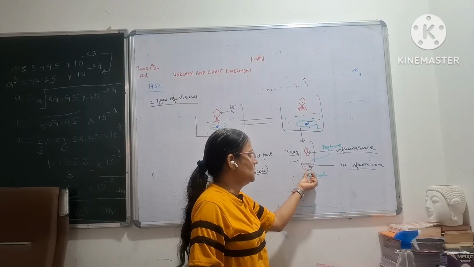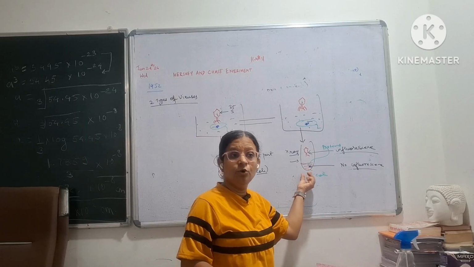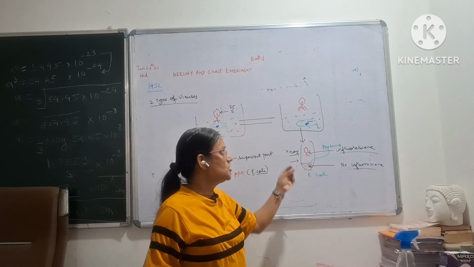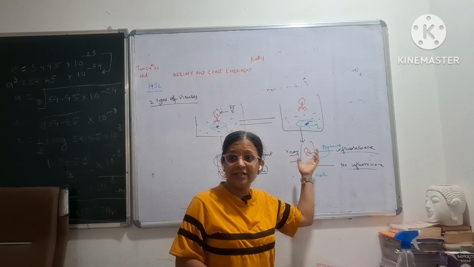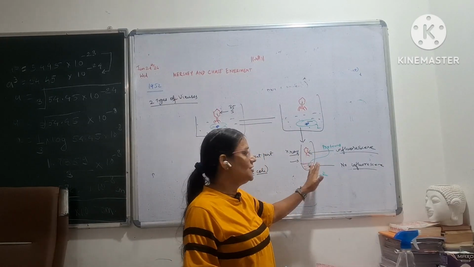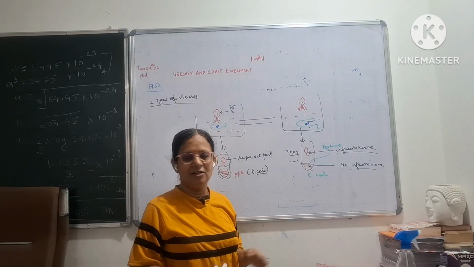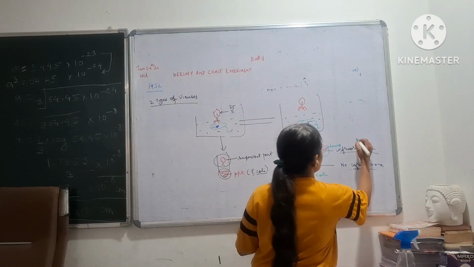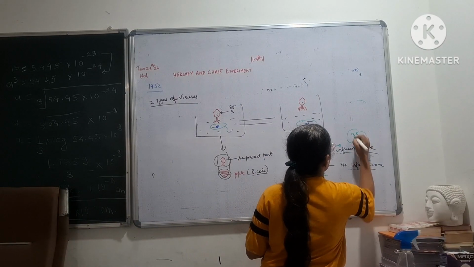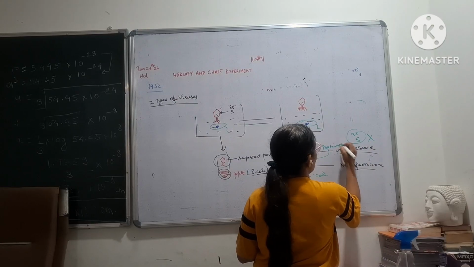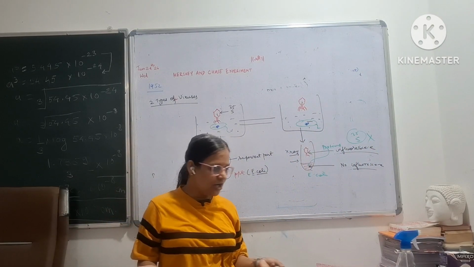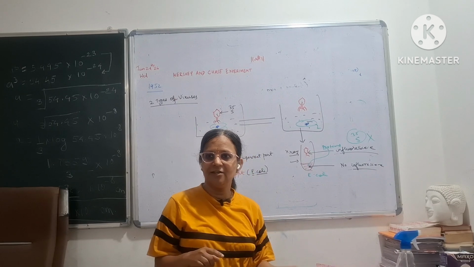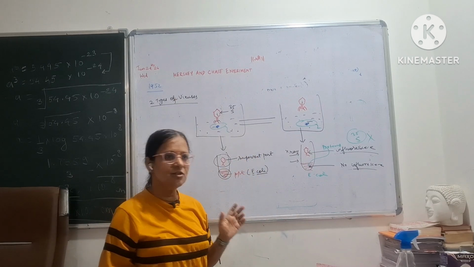It was not seen in the precipitate part where E. coli cells were. That means the S35 has not entered into the E. coli cell, which means proteins have not entered. So the answer is straightforward: DNA is the genetic material which is entering into the cell.